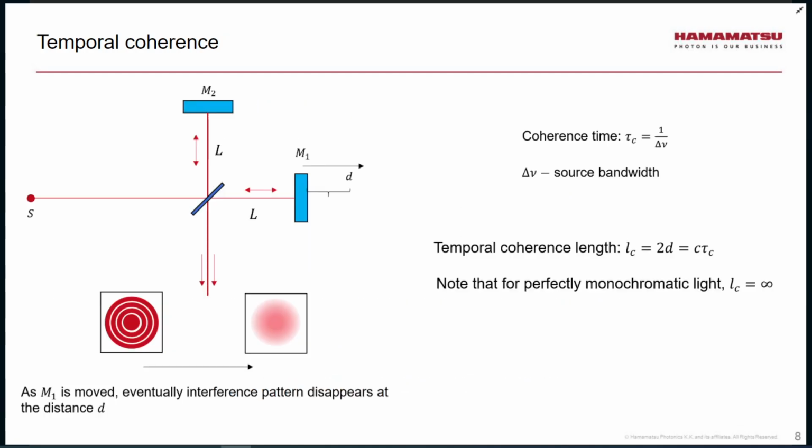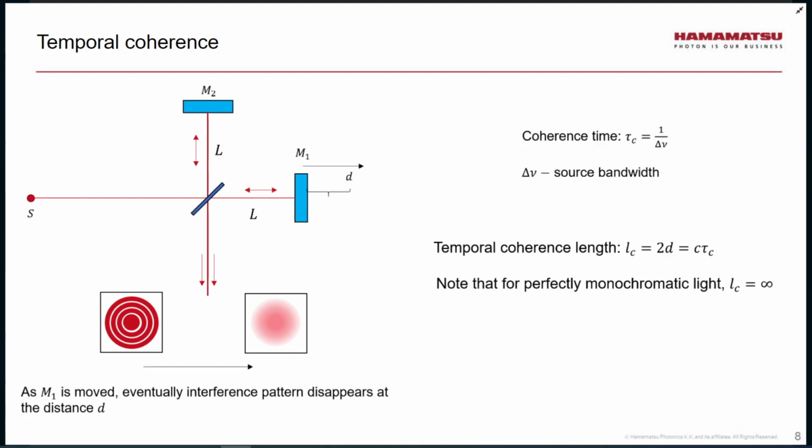We can test coherence of light, both temporal and spatial coherence, with 2 well-known setups. Let's start with temporal coherence. Suppose I have a source of light and like to test how much temporal coherence the light has.